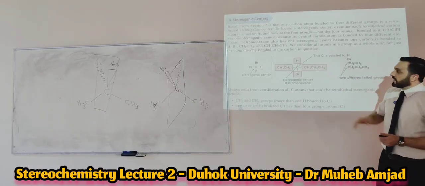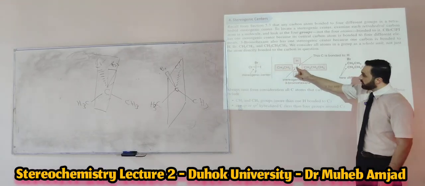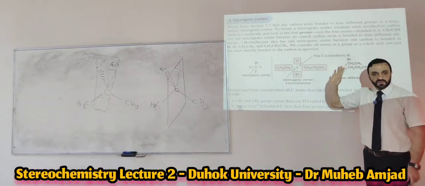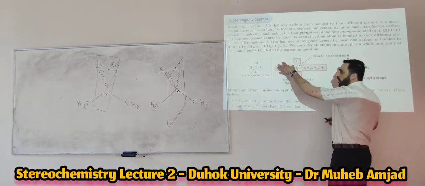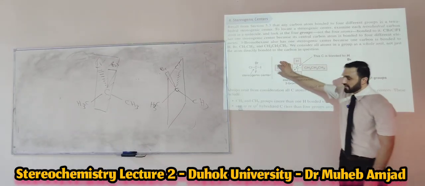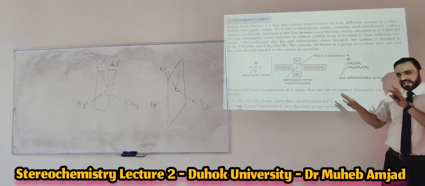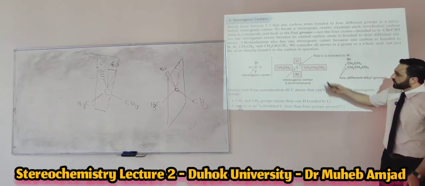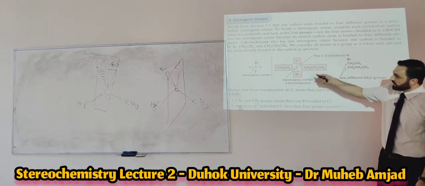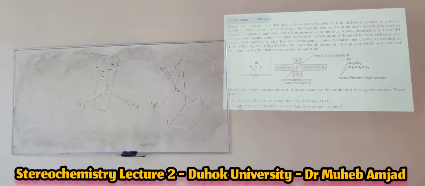Don't say to me this group is like this group, because this carbon is bonded to CH2 and that carbon is bonded to CH2. No. We take all the atoms as one group. This group is not like this group, either ethyl or propyl. That means ethyl and propyl are 2 different groups, and this group is also different. That means this carbon is a stereogenic center, with 4 different groups.